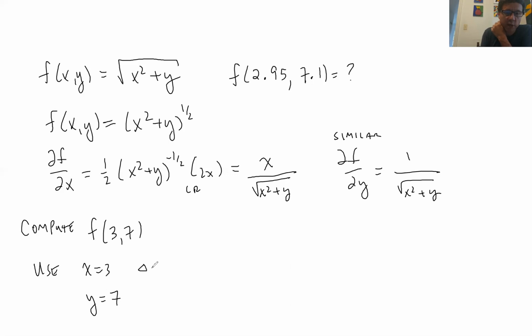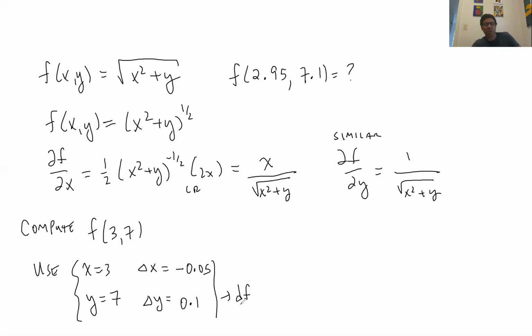But how much does x change by and how much does y change by to get to the point that I want? y is going from 7 to 7.1, so delta y will be 0.1. x is changing from 3 to 2.95, so it's going down, and delta x is negative 0.05. I use all of this to calculate df, or dz. We'll just use df, since there's no z in here. This is the total differential, which will be the partial derivatives multiplied by their respective deltas.